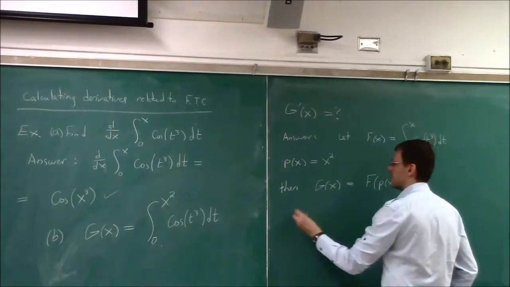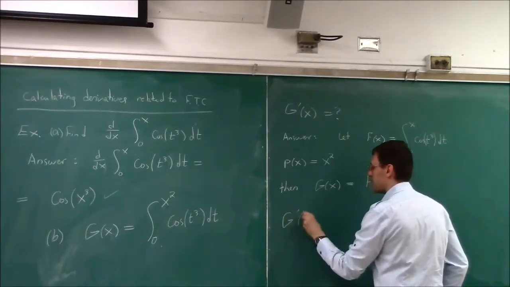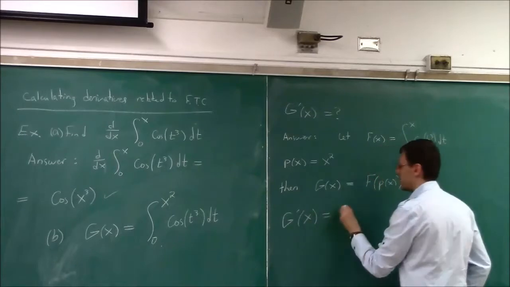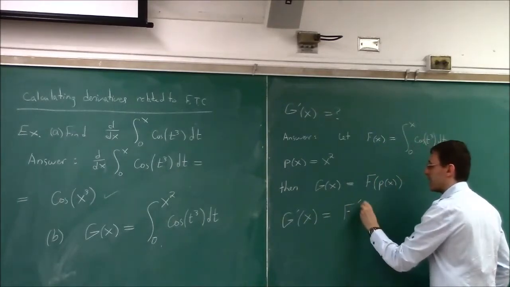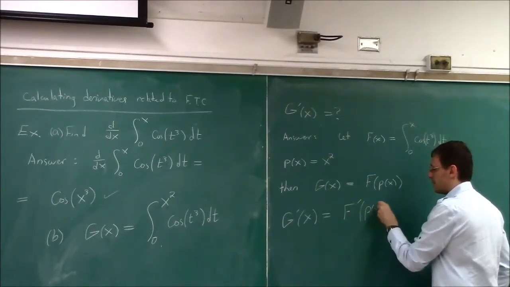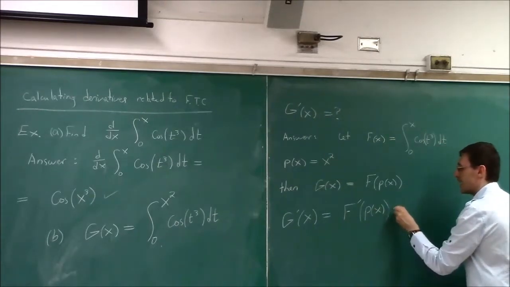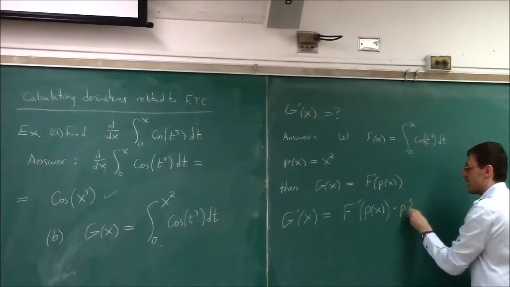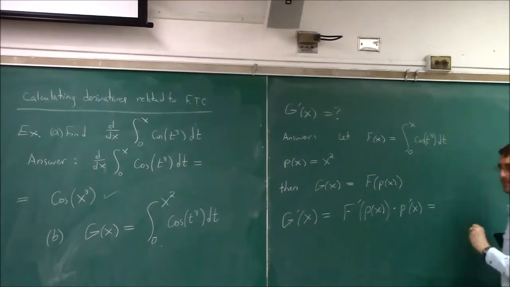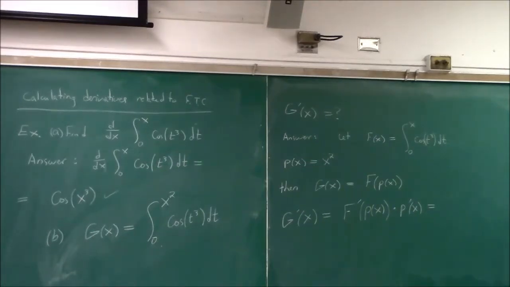So what's the derivative then? The derivative g prime of x will be the derivative of the outer function with p of x in its belly times p prime of x. So what is the derivative of the outer function with p of x in its belly?